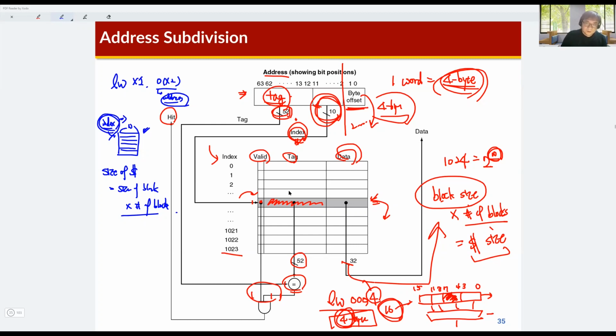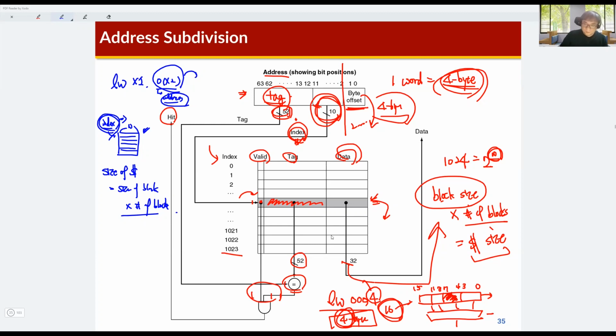Okay, so how can you organize this address into the cache index, offset, and tag of the cache?